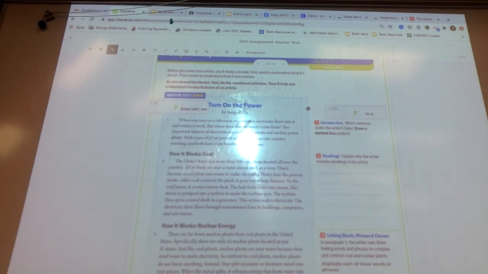As the coal burns, it creates intense heat. The heat boils water into steam. The steam is pumped into a turbine to make the turbine spin. The turbine then spins a metal shaft in a generator. This action makes electricity. The electricity then flows through transmission lines to buildings, computers, and televisions.